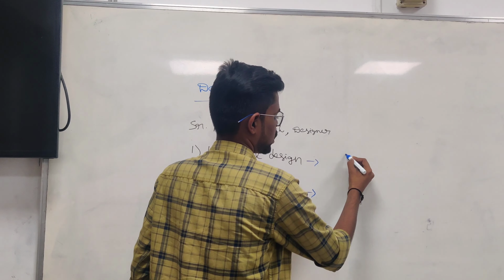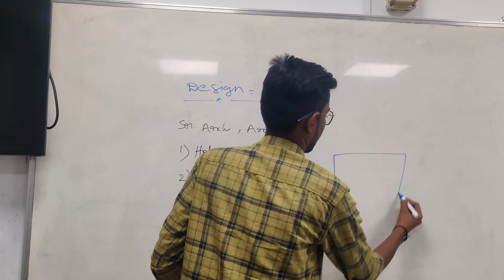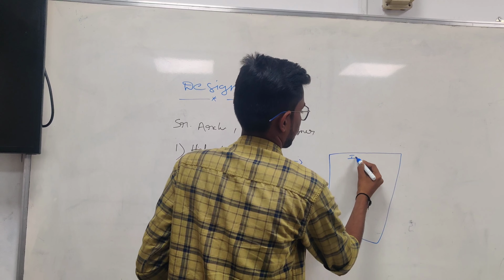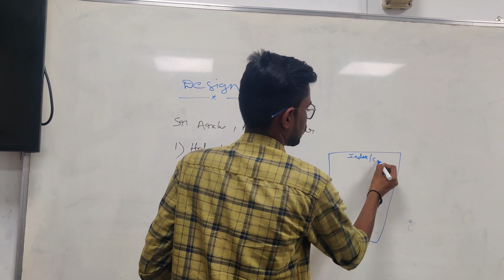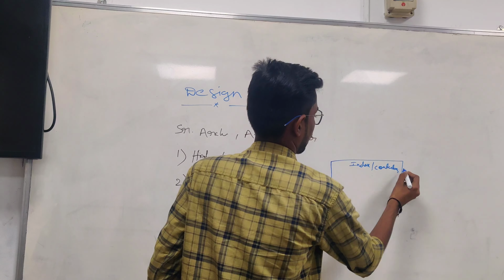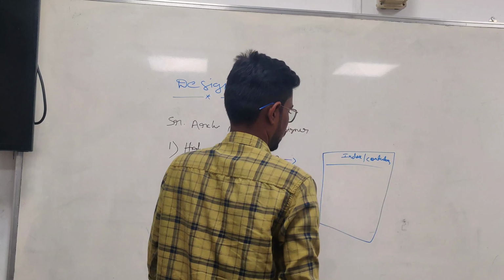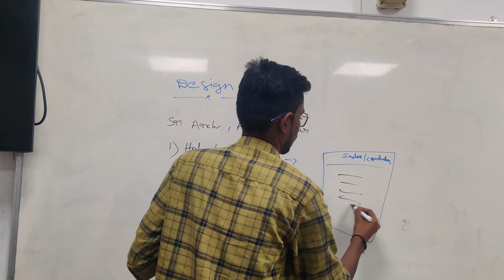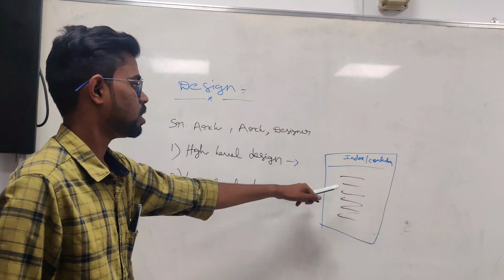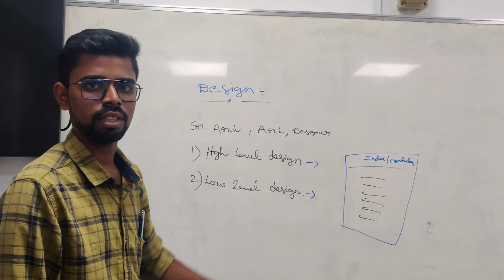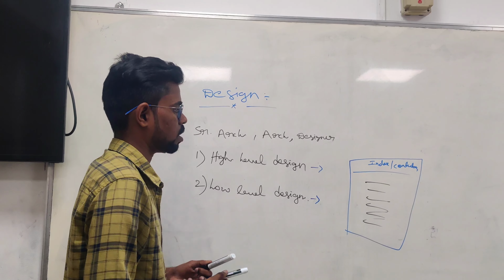In a book, on the first page we see the index or contents. We assume that this index page or contents page is the high level design.